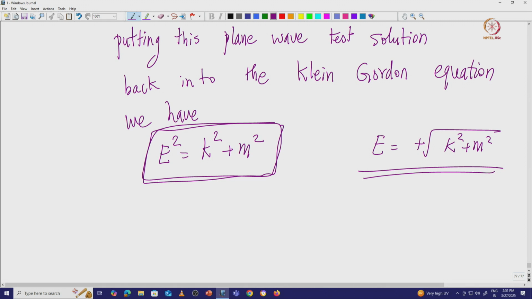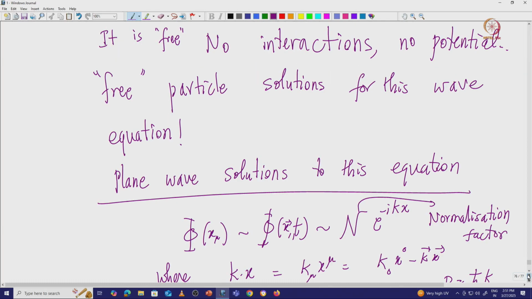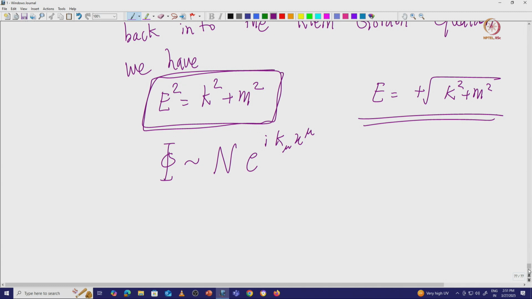So, now one can argue that suppose instead of phi I take a solution which is e power I k mu x mu, here we took minus k dot x essentially. Instead of taking the minus sign, you can take the plus sign. So, that would correspond to E is equal to minus square root of k square plus m square. We will come to the physical interpretation in a second.